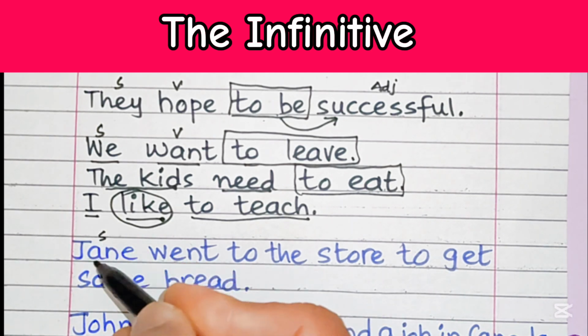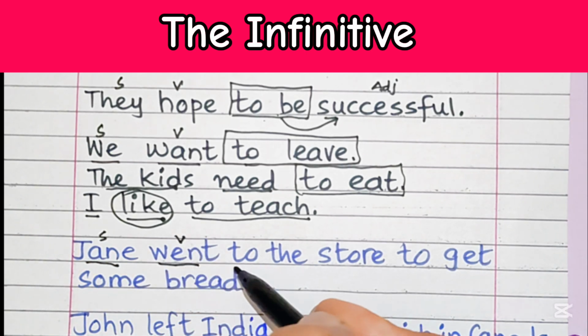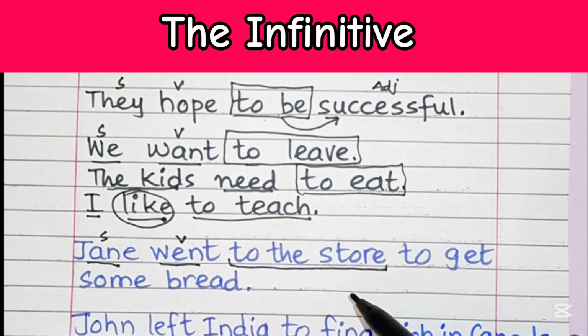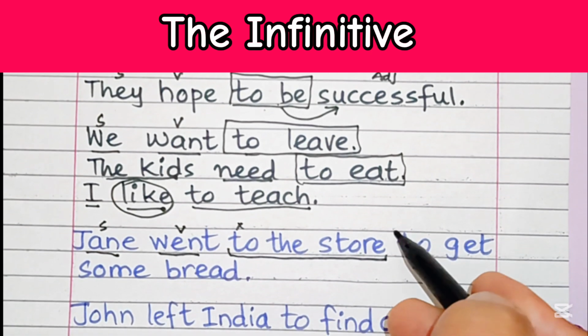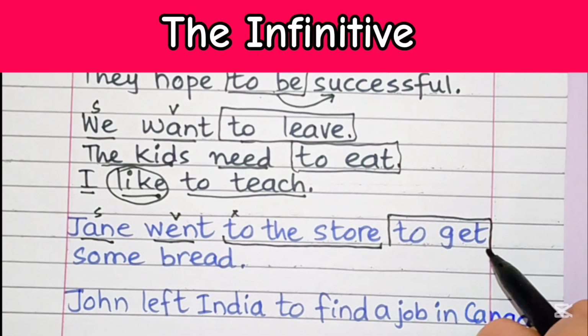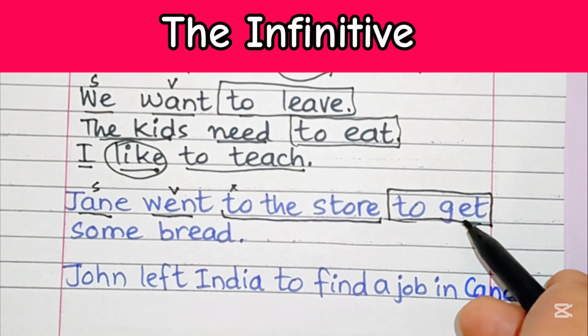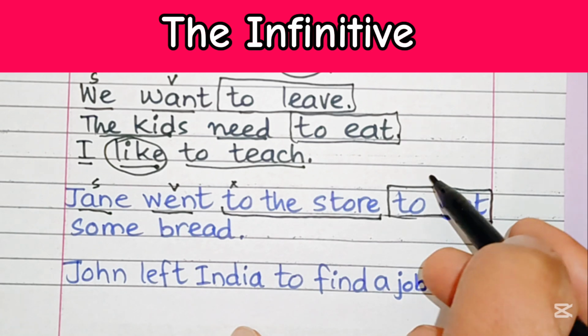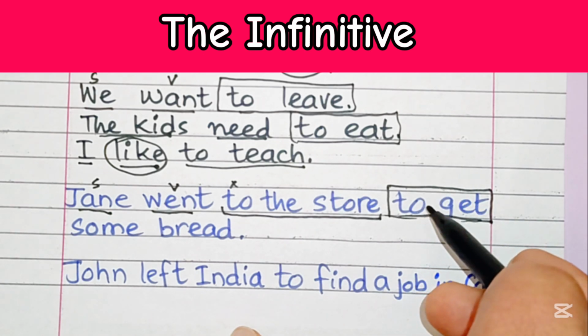Over here, the subject is Jane, and then this is the verb went. This is a prepositional phrase, so this is not an infinitive. Rather, to get is an infinitive because it follows the rule to followed by simple form of the verb get.